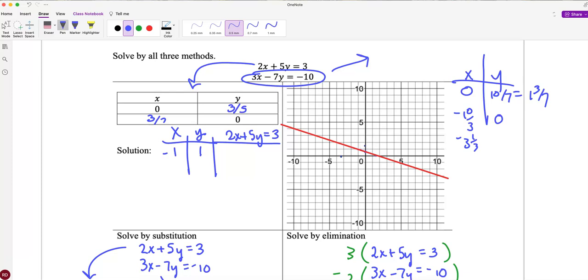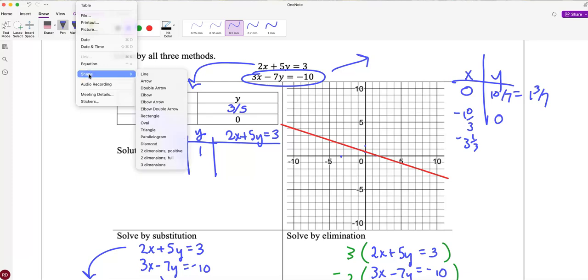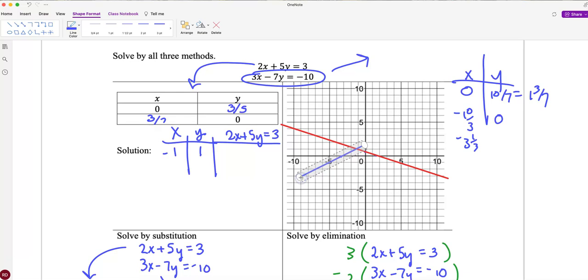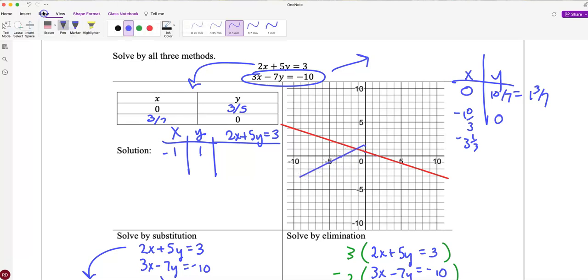Okay, so if I try to insert the line there, something like this. There we go. So try to make that line a little bit longer.